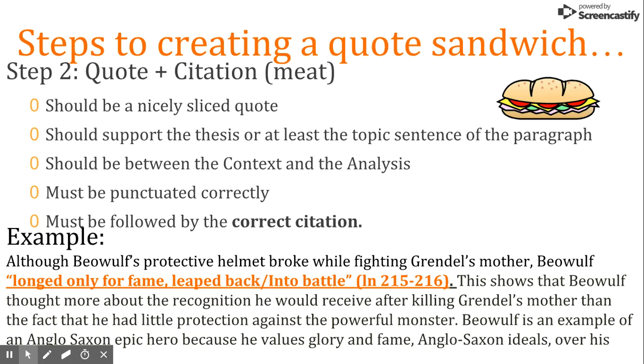You'll notice that the quote comes with quotation marks and then a parenthetical citation, and also that the punctuation comes after the citation, not after the quote. So the citation is actually a part of the sentence. Ln stands for line. The text that this quote is from is a poem, but if it was a novel, you would write p. for page number.